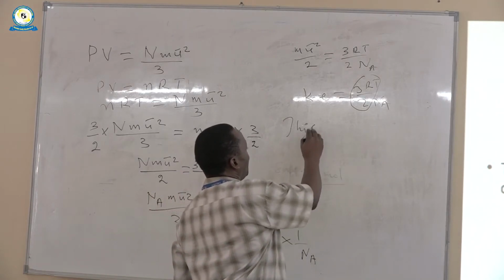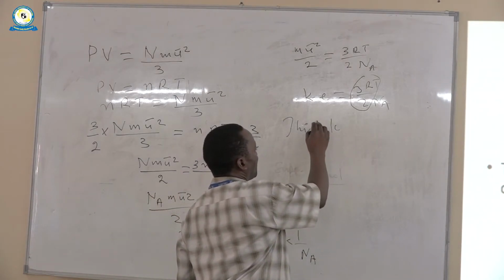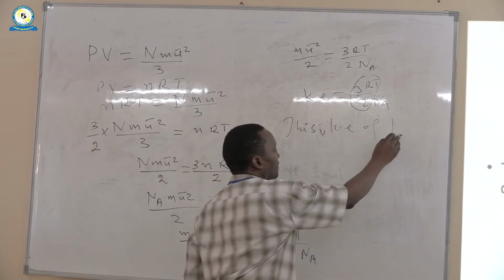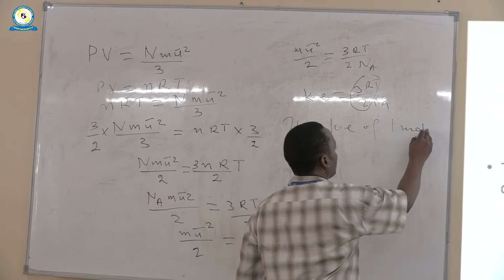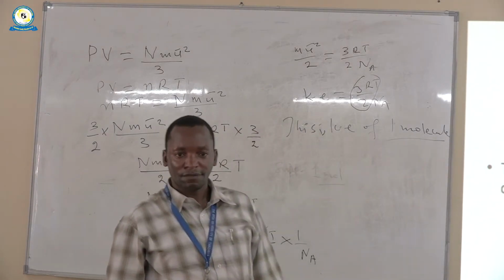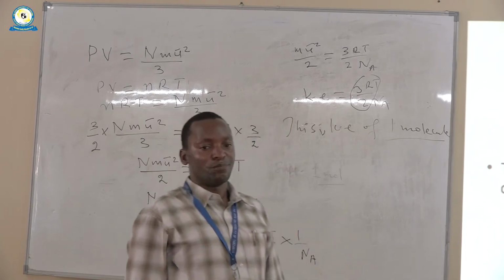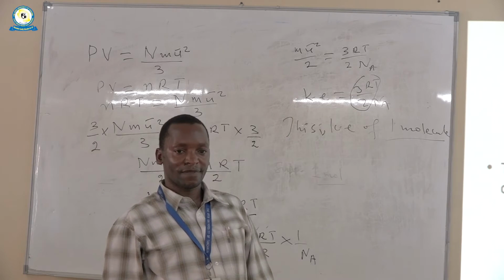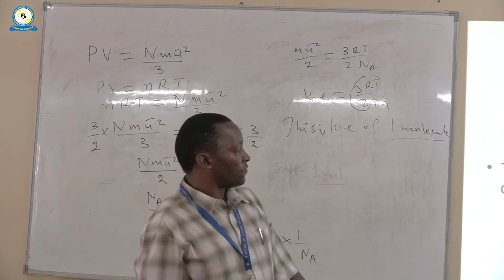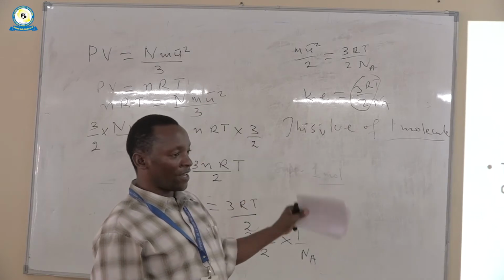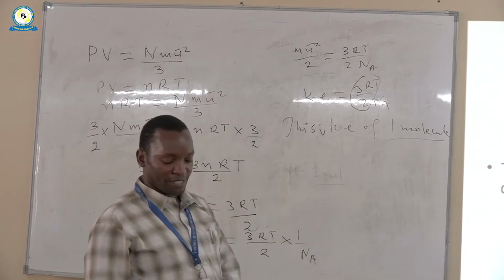This is the kinetic energy of 1 molecule in a cube. So if we want to find out the kinetic energy of one molecule in a cube, we can use it.